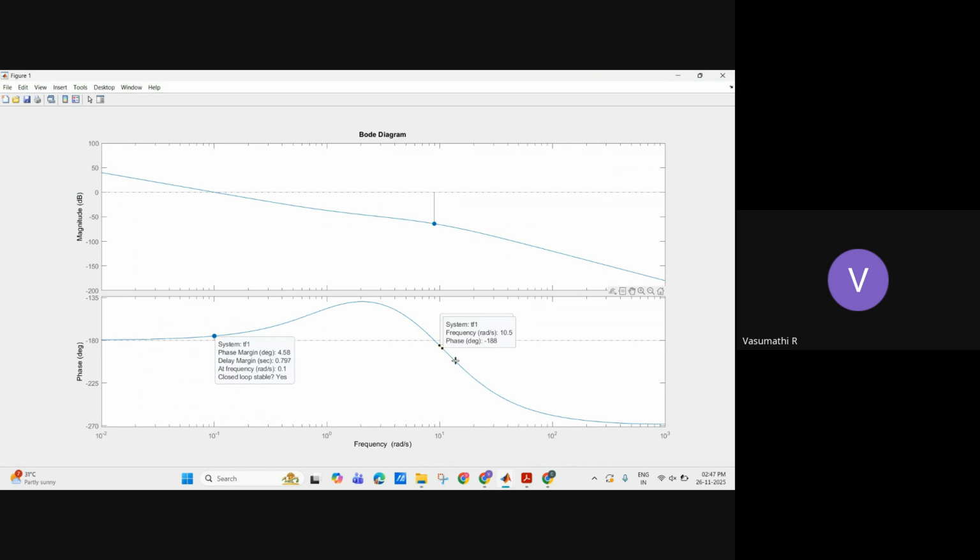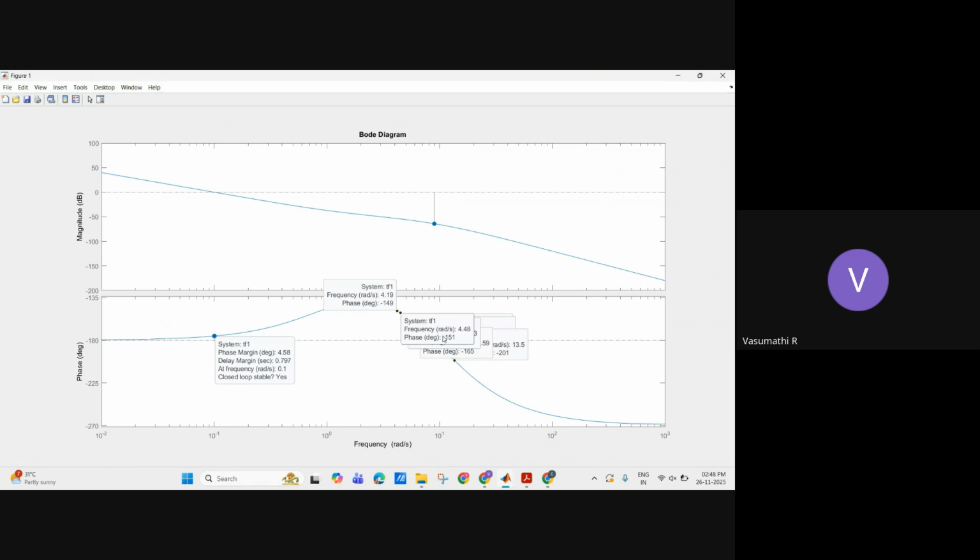Slightly above it will be minus 150, around 149 to 151.